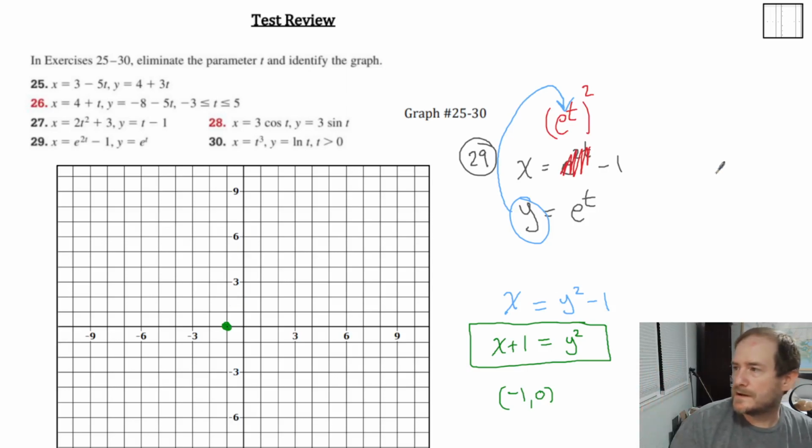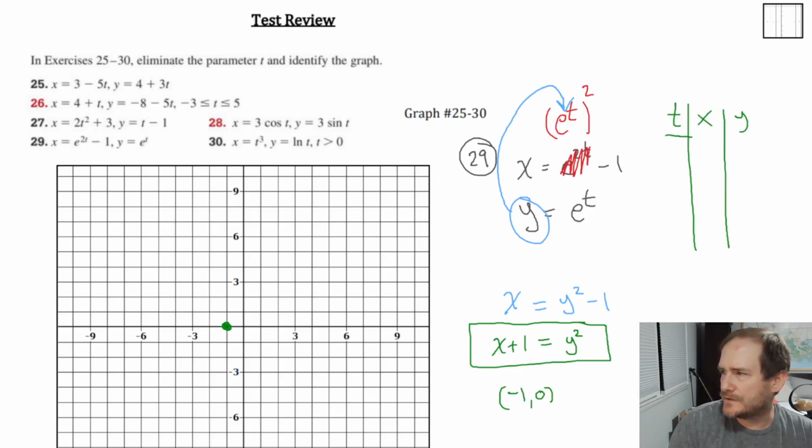Okay, so let's plot some more points. Let's see what point is assigned to t equals 0. If you plug in 0, you get e to the 0, which is 1 minus 1 is 0. And if you plug in 0, you get 1.